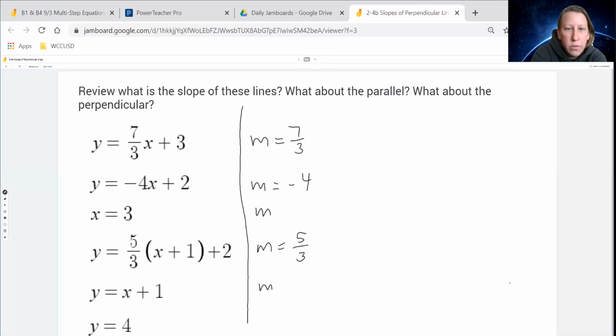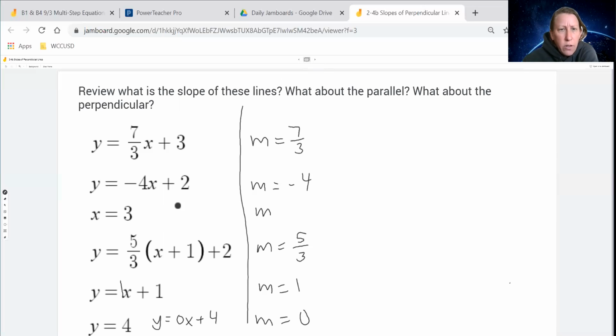And the slope of this one? What's the m in this problem? y equals mx plus b. m is in front, so that would have to be a 1. And the slope of this one, also a little tricky, it's not 4. It's actually 0, because if I wrote y equals 0x plus 4, you can see that the 0 is in the place in front.